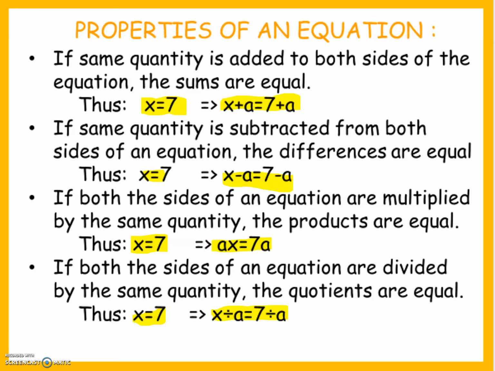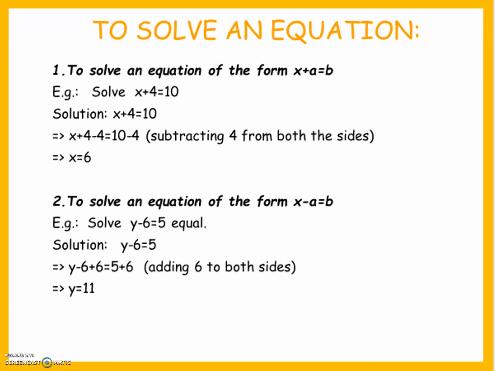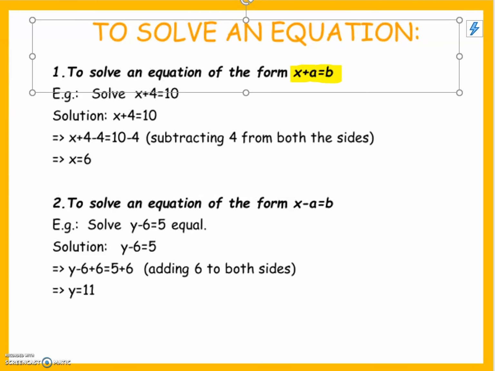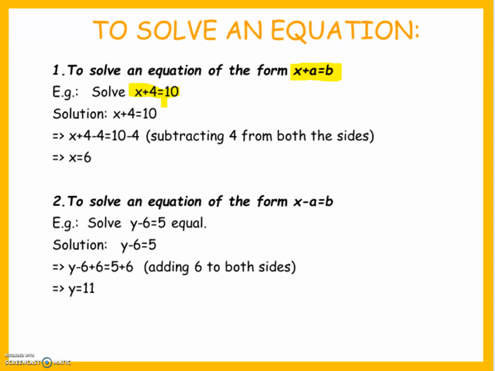Let's see how. First example, I have to solve an equation in the form x plus a equal to b, like x plus 4 equal to 10. What can I do? What I need is for x to stand alone on the left side of the equation, and on the right side I need to have only one number.